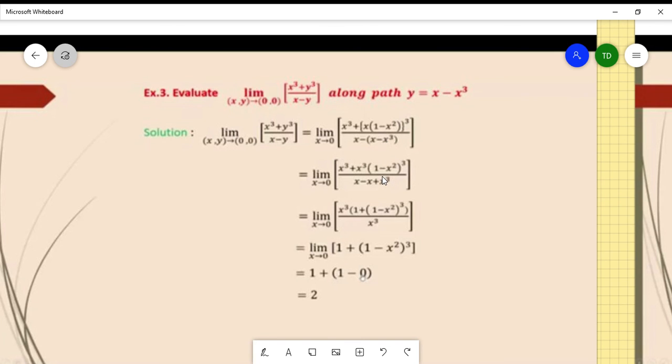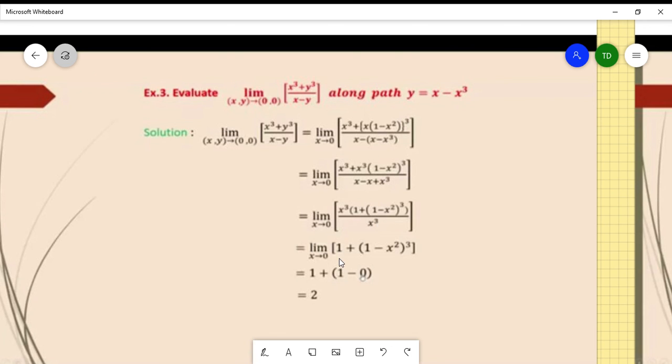In the next step, while coming out of the cube, x becomes x cube, and the bracket is (1 minus x square) cube. The denominator clearly shows how x is getting cancelled, because we are now with x cube in the denominator and the numerator has x cube common, so we can cancel it, and now the denominator is 1.